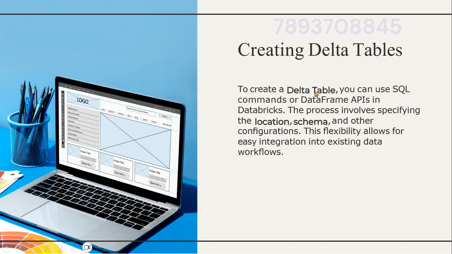So we can create the delta tables. The process involves the location, schema, and other configurations. Actually, when you create delta tables, it creates two things: schema and data. A delta table log file contains all the information: updates, versioning, everything we can see in the log file.